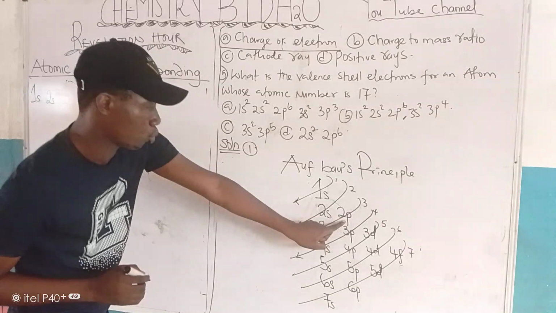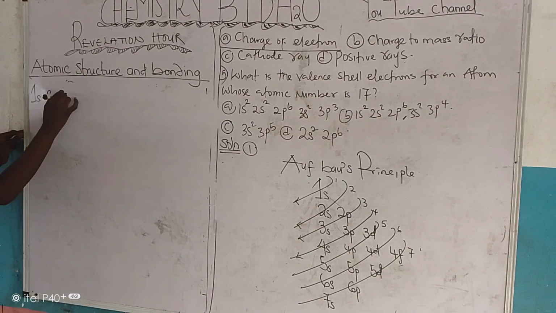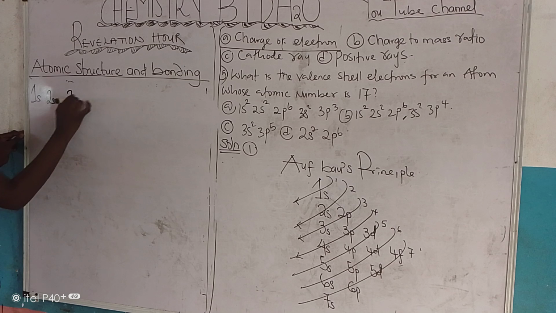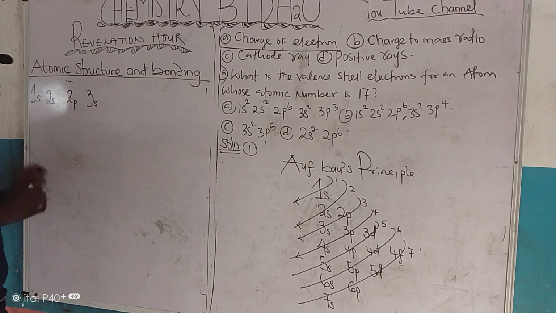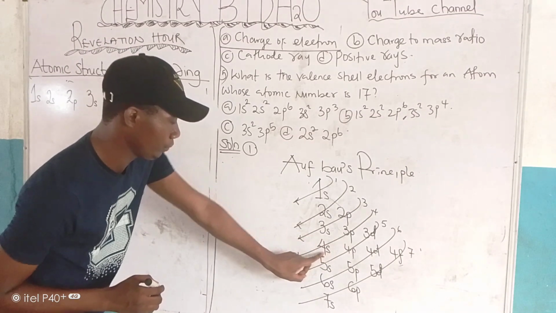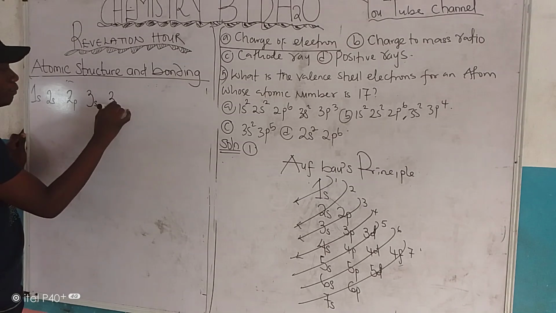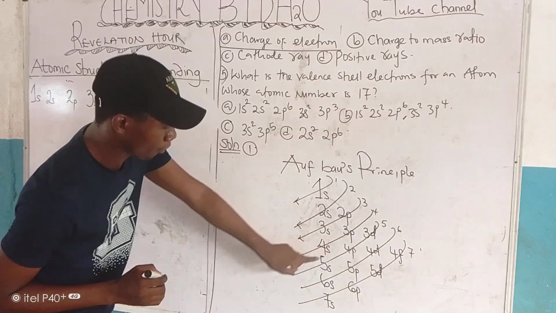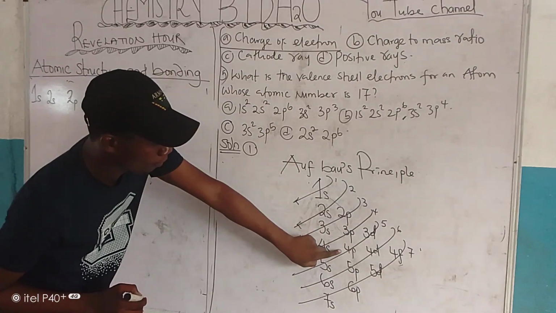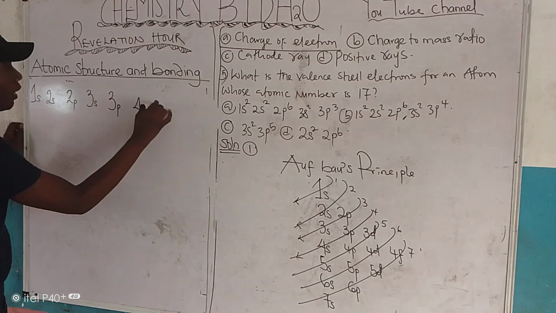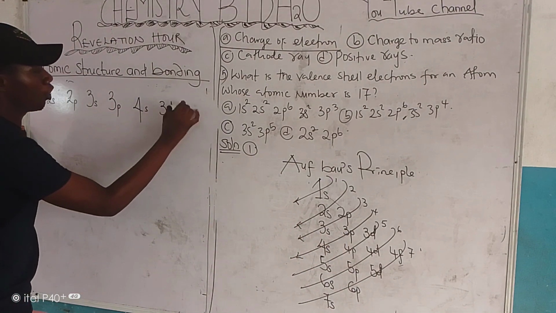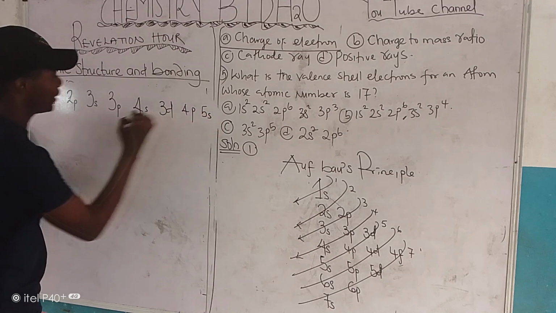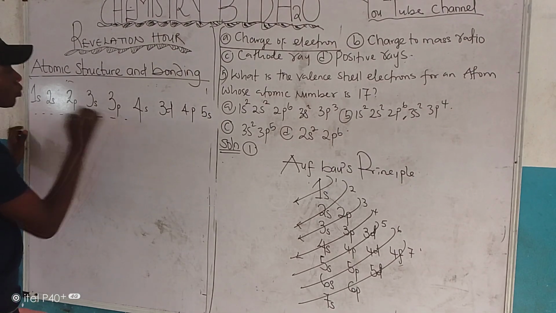The third one is 2p, then 3s. Then the fourth one is 3p, 4s. After your 3p, 4s, you have 3d, 4p, 5s, and so on and so forth.